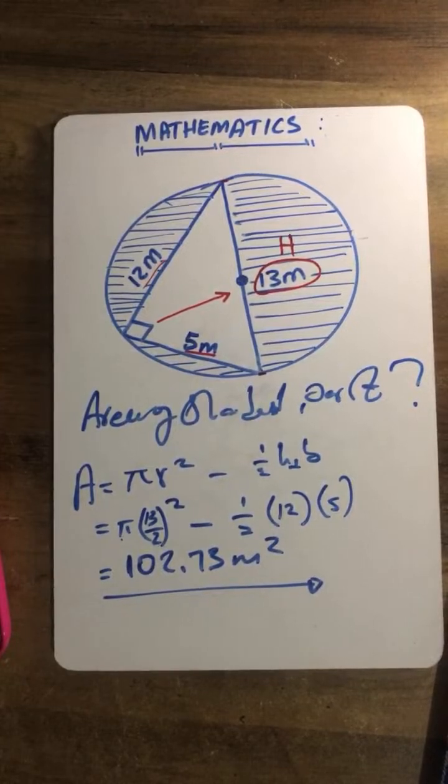So can you guys see, the examiner doesn't need to tell you if that 13 is the radius or the diameter. The reason is because you can see that inside you have a right-angled triangle.